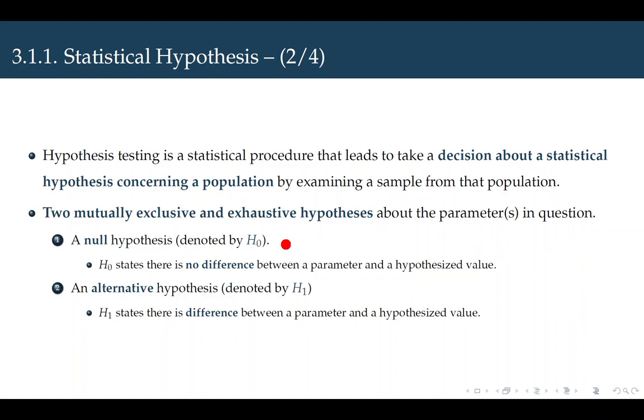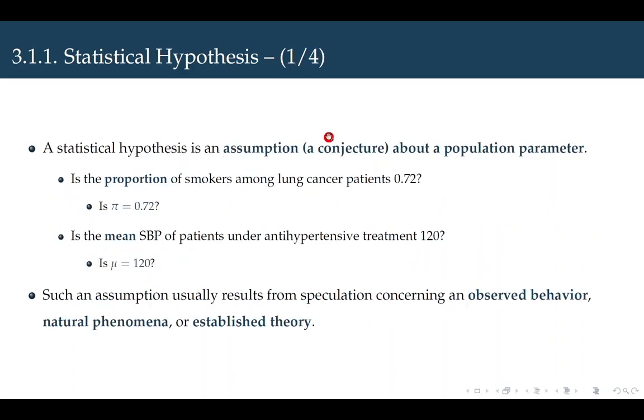In addition, these two hypotheses are exhaustive. That means all possibilities are included in either the null hypothesis or the alternative hypothesis. Therefore, these two hypotheses are said to be exhaustive because they can accommodate every possible hypothesis in either of these two alternatives. So, based on this definition, when you say null hypothesis, we are going to state something like pi equals 0.72.